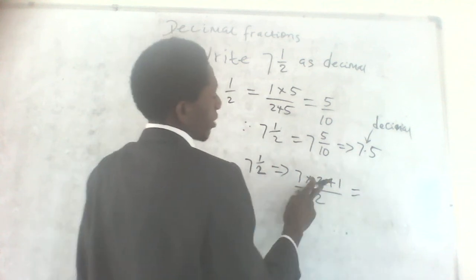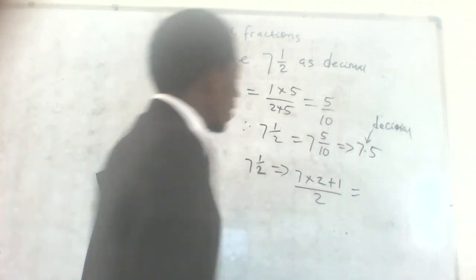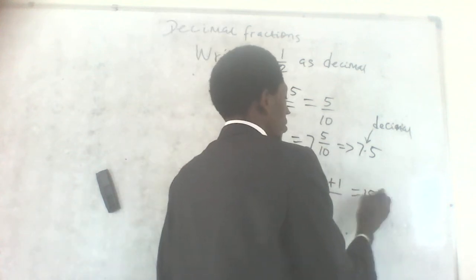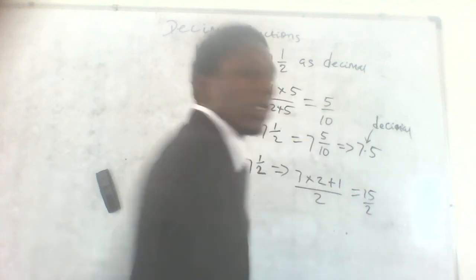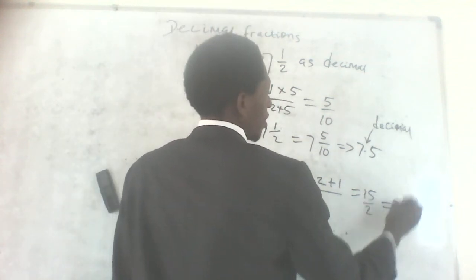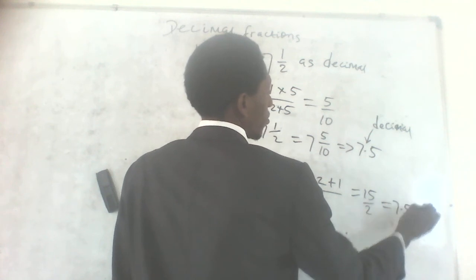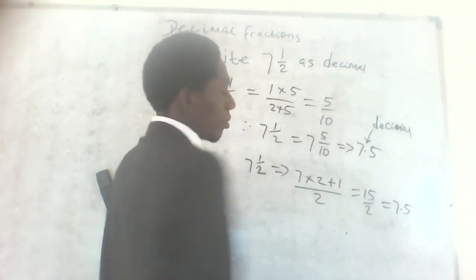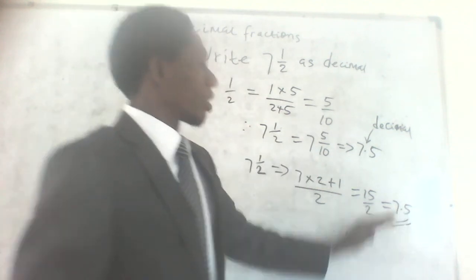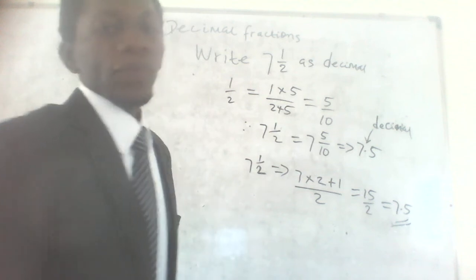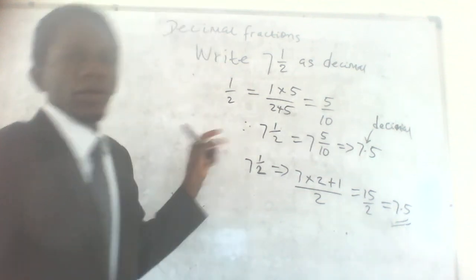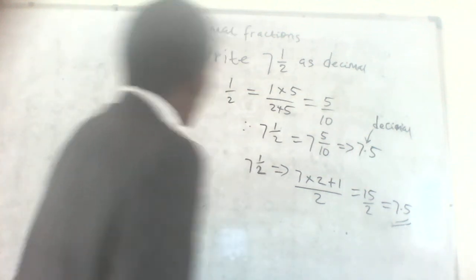So 7 times 2 is 14, and 14 plus 1 is 15 divided by 2. So if I divide 15 by 2, of course, I will have 7 remainder 1. Okay, so this will still give us the decimal we're talking about. So this is also very simple.